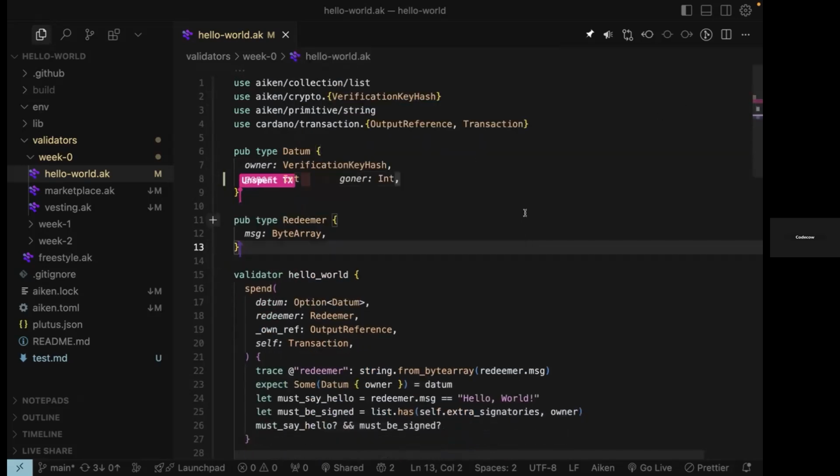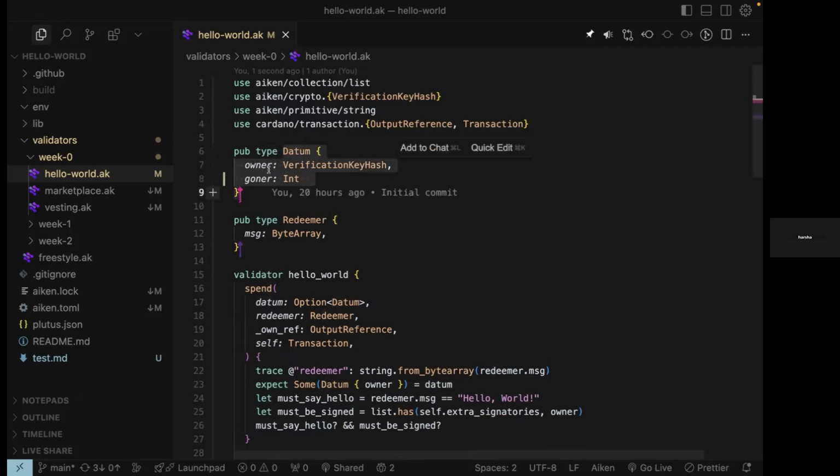Exactly. So datum can be a hash or an integer, but datum is not both of them. It is one of them. That is my understanding. Do you guys agree with that? Correct. You're saying what it is. An owner can only be a verification key hash. A goner can only be an int. Correct. And when it comes to datum itself, it can either be owner or it can be a goner.